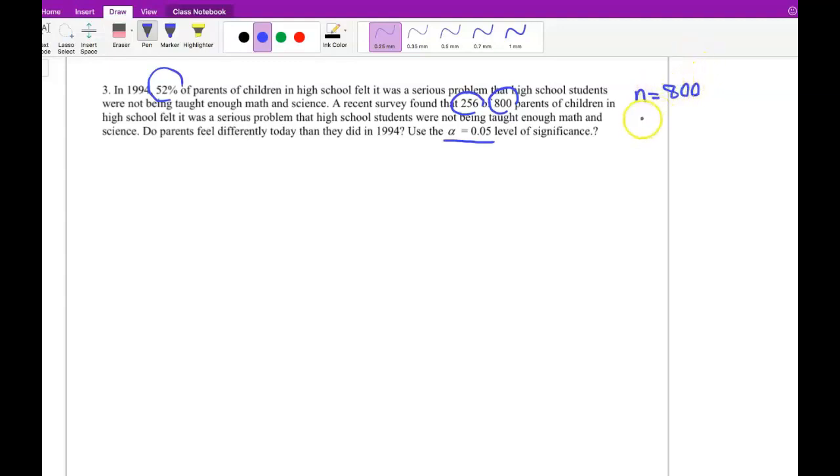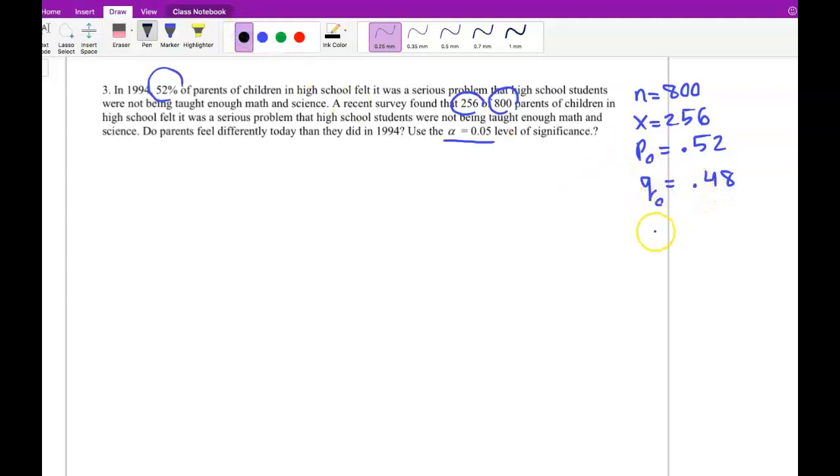X is 256. Then P0 is 52%. Now using this P0, finding Q0 is 1 minus 0.52, which is 48%.